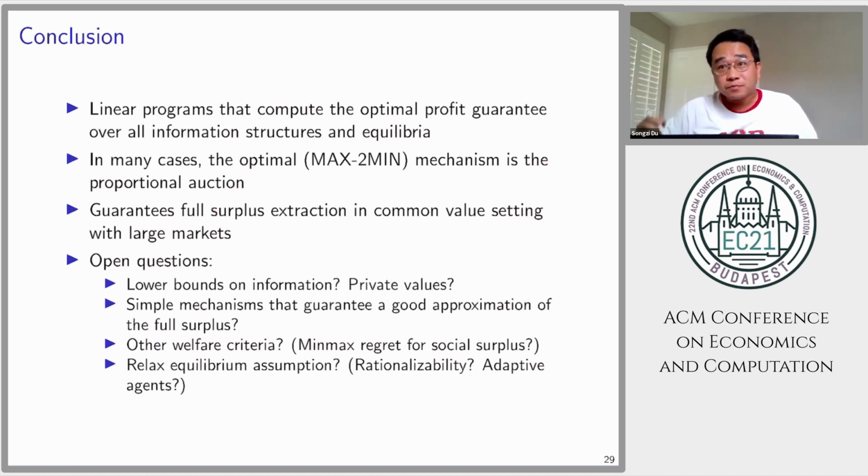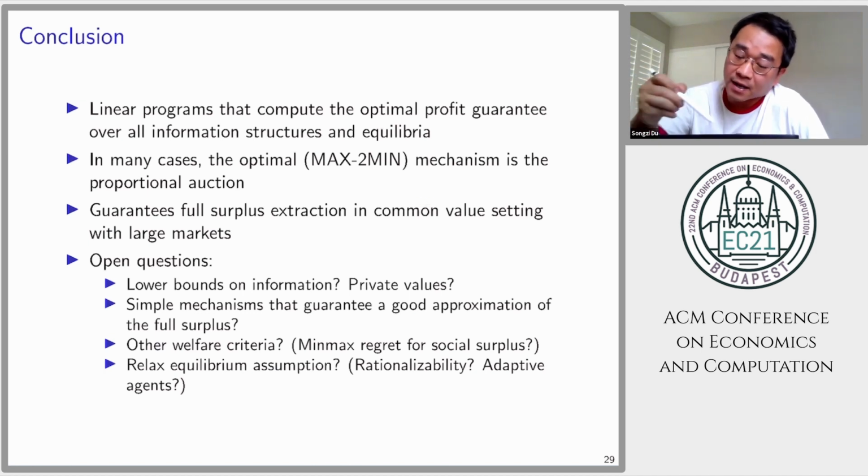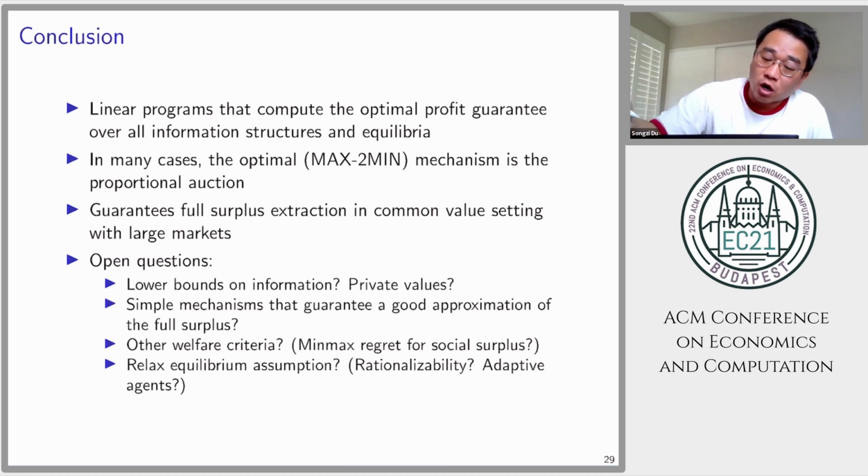This simple auction format is exactly max to min optimal in many cases. And in the case of common value, the optimal profit guarantee is unimprovable because it converges to the full surplus as the market gets large.